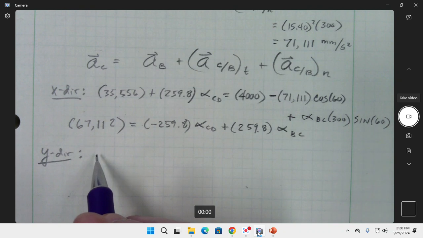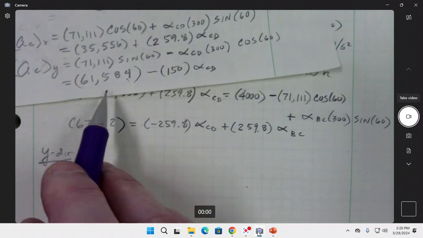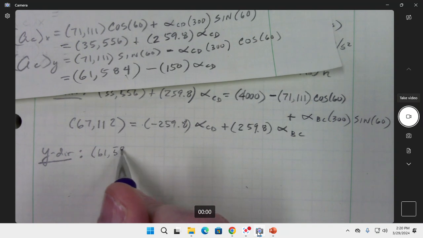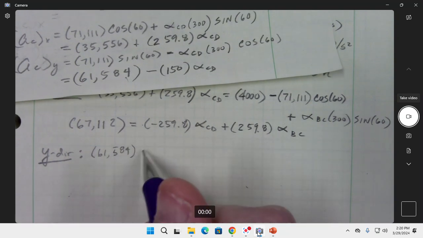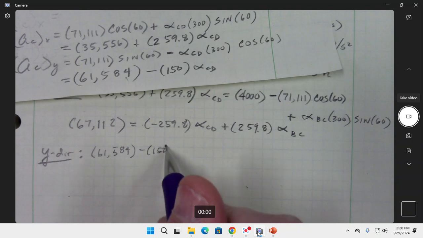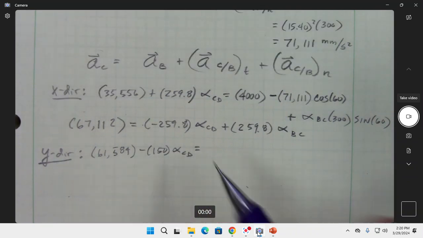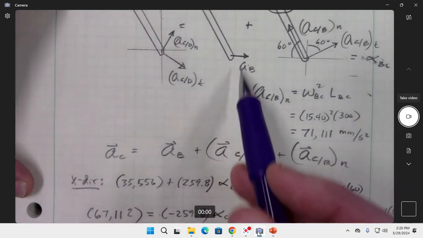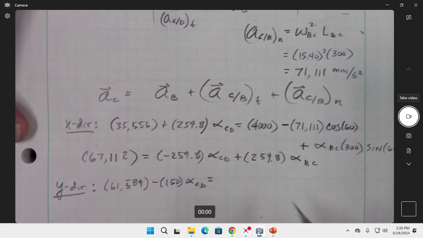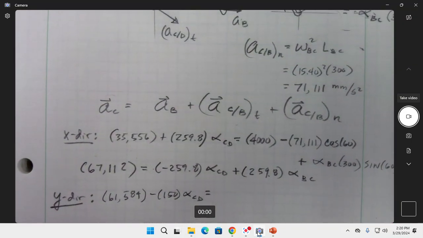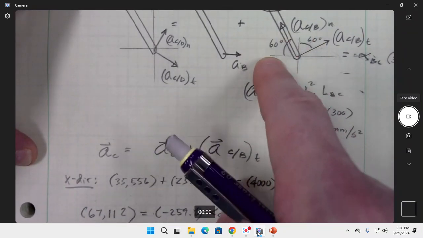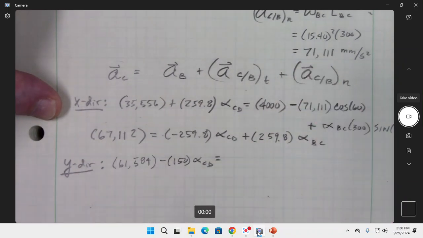All right, so here, going to y direction, we have 61,584 minus 150 alpha CD. There's nothing in this direction, in the y direction here. And for this one, this is going to be a positive, and times the sine of 60, so it's going to be this thing.